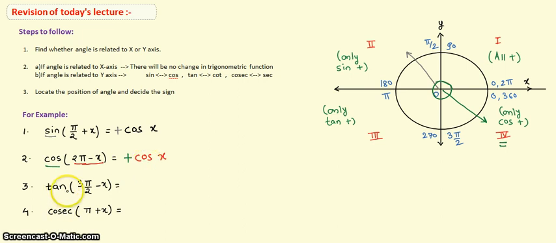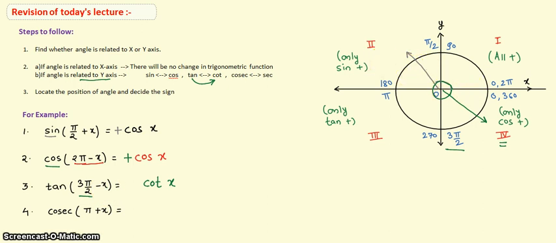Third, tan 3 pi by 2 minus x. So 3 pi by 2, see here, it is related to the y axis. So if the angle is related to the y axis, you have to convert tan to cot. So it will become cot x, right? Now look at the angle 3 pi by 2 minus x. Which quadrant will it go in?